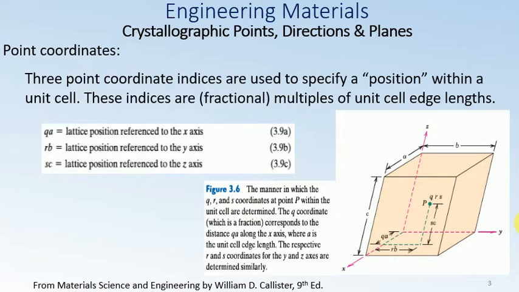We need to determine the coordinates of this point P. As we said earlier, we use three coordinates or indices to specify the position of a point within a unit cell. These indices can be a whole edge length or a fraction multiple of this one unit edge length.